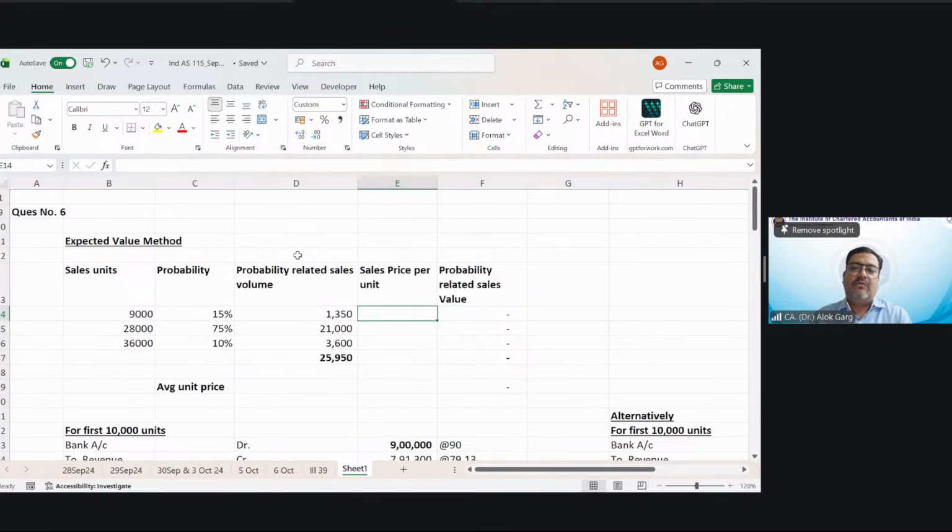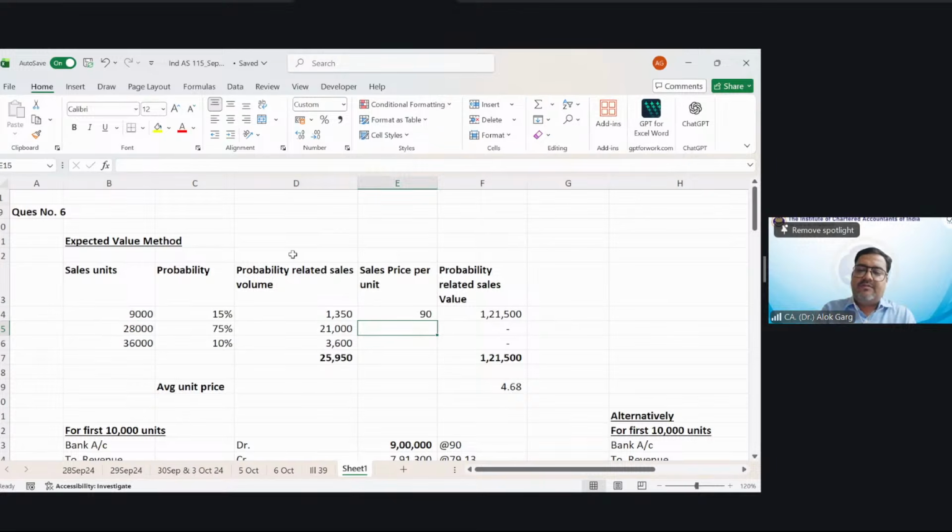Now, if 1,350 is my sales unit, how much price is applicable on this? 90 rupees up to 10,000 units. If I will be able to sell 21,000 units, what is the applicable price?